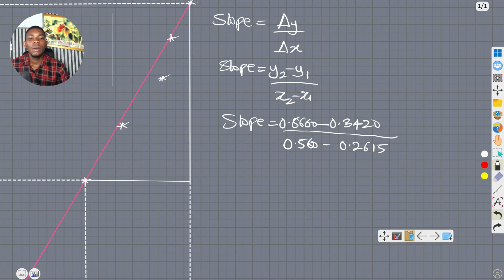Now when you compute this, your slope would be equal to, press it in your calculator, 0.8660 minus 0.342.